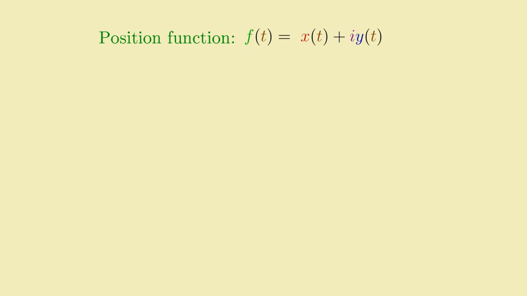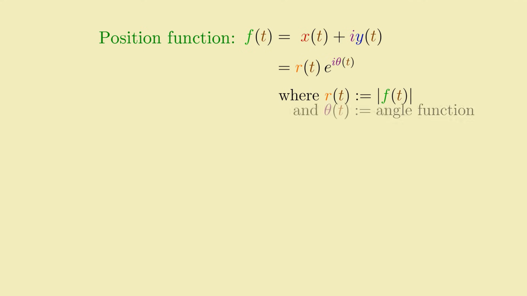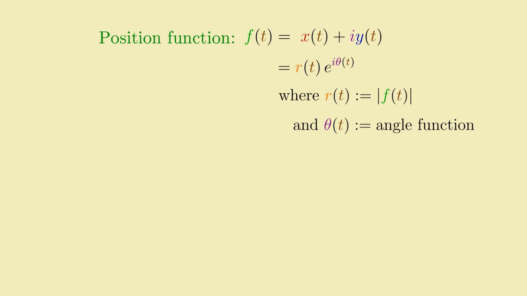Now, observe that we can always express a complex valued function in polar form as r of t times e to the i theta of t, where r of t is just the absolute value of f of t, which is just square root of x of t squared plus y of t squared in this case, and theta of t is the full angle function of the point, which, remember, we're trying to avoid computing directly.